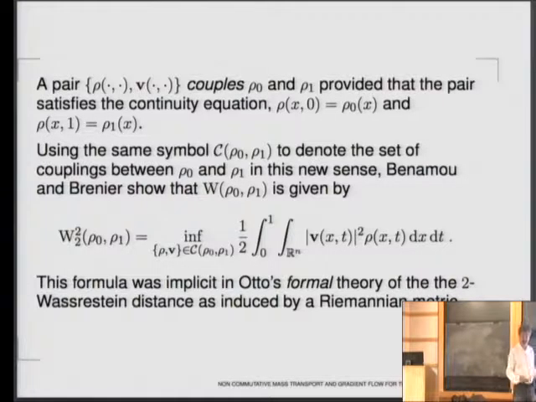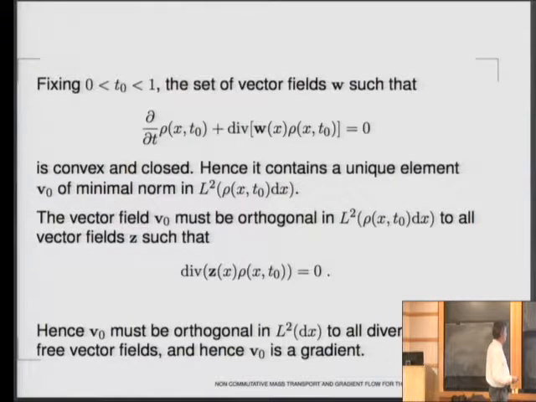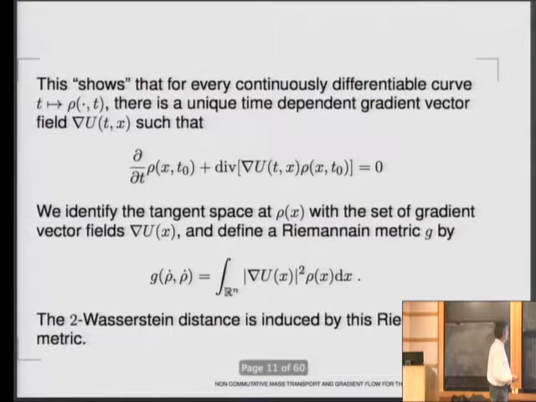This is a different story, but that's how you identify this W2 distance with the other one. So you know the structure of the minimizers. So they're the same, and so this is another way of looking at it. Now, this gets a little closer then to what we'd like to look at, okay?